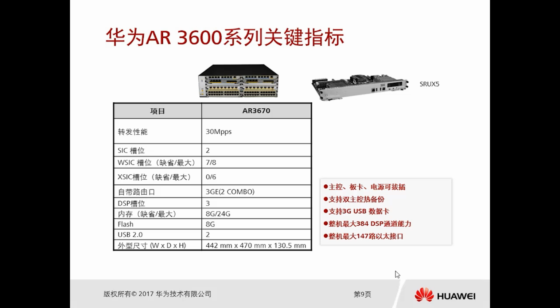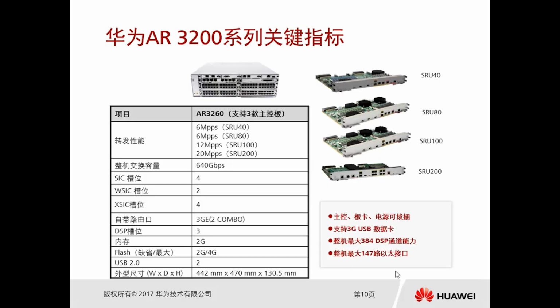There are 147 Ethernet interfaces. Everyone can compare the 3600 with other products for your business; these parameters can be searched in the product manual. After finishing the 3600, let's talk about the 3200 series. So we can take a look here.